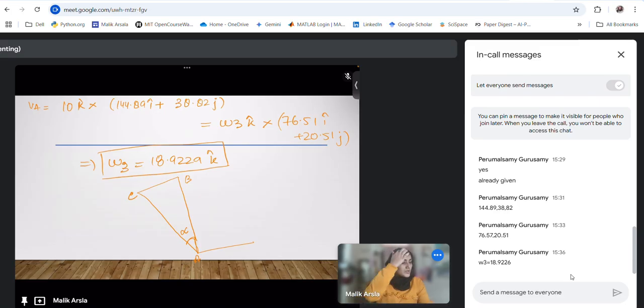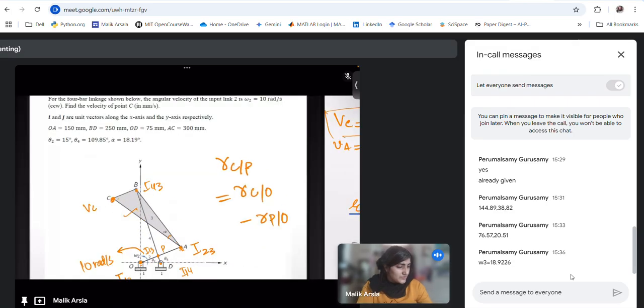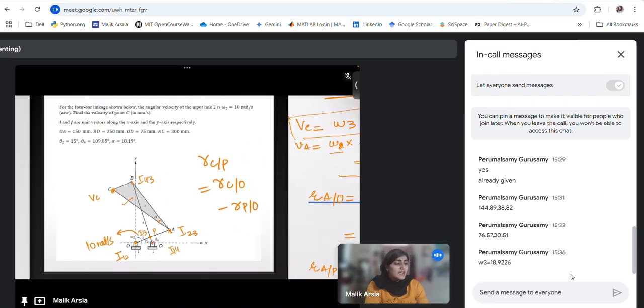Okay, so look here at what we can do. Let me show it in this picture only. I said that we need to figure out RCP, right? So RCP can be written as RCO minus RPO.